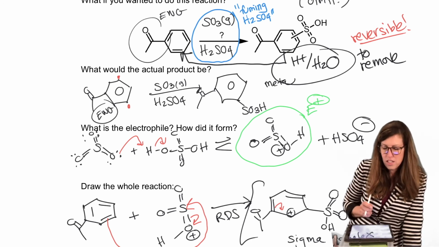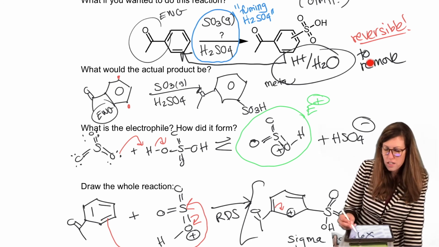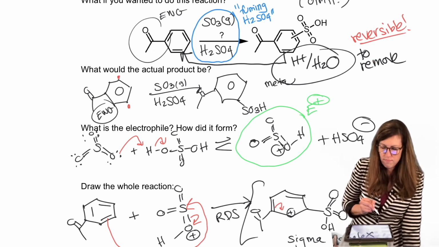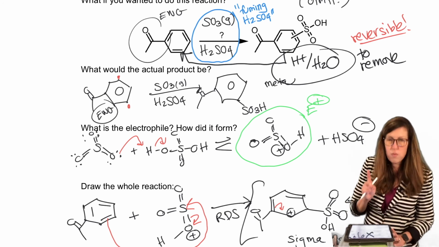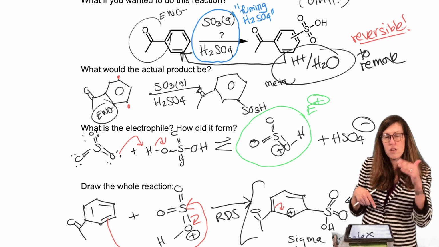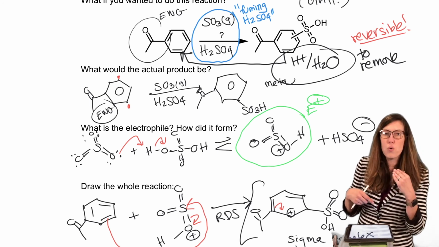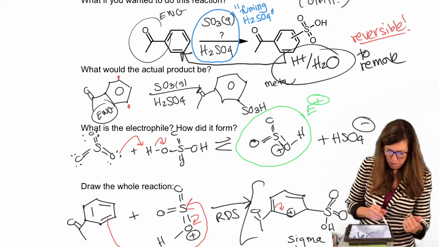Fuming sulfuric acid. Super concentrated. No water. Why? Water helps reverse it. Okay, so that reversibility is unique to our electrophilic aromatic substitution. It's the only one that we're treating as easily reversible. So we can exploit that and take advantage of that property.